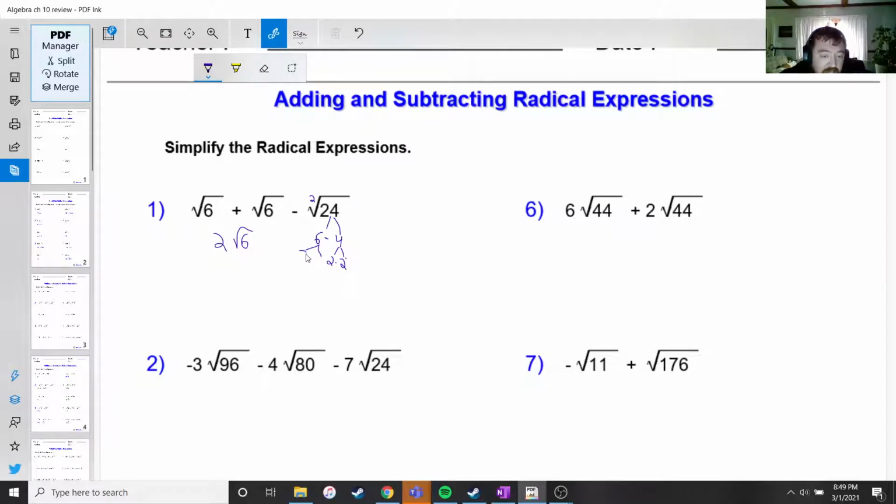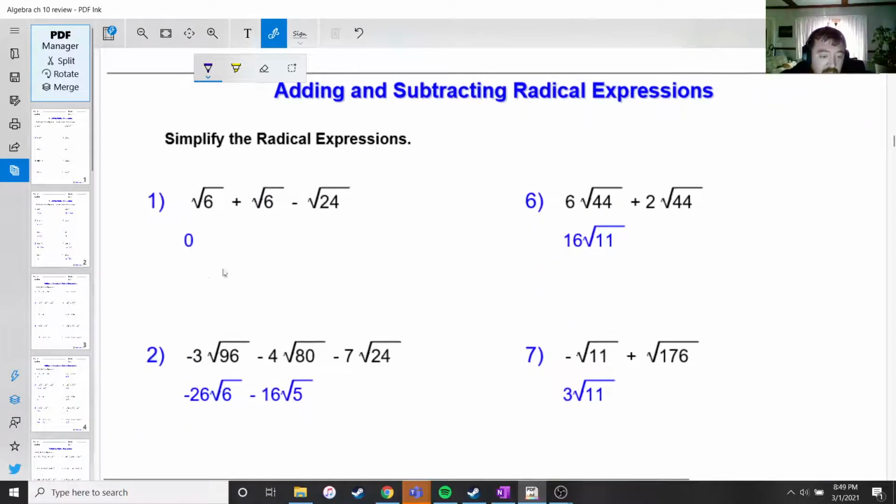And 6 is 3 times 2, but that doesn't really matter because we got one group of 2 here. So 2 radical 6 minus 2 radical 3 times 2, which is 2 radical 6 minus 2 radical 6, is equal to 0. And if you check, our answer is 0.